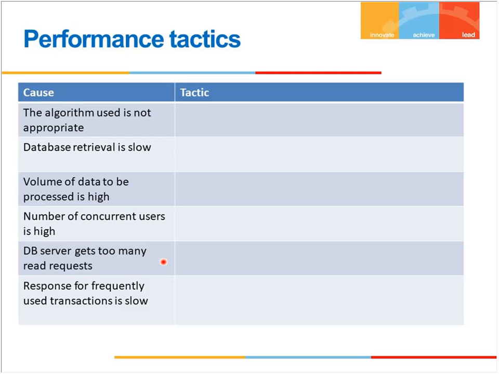If there are too many read requests to a database, we can do replication. Okay, good. We can do caching, parallel hits, distribute the requests. Okay, excellent. The response of frequently used transactions is slow.